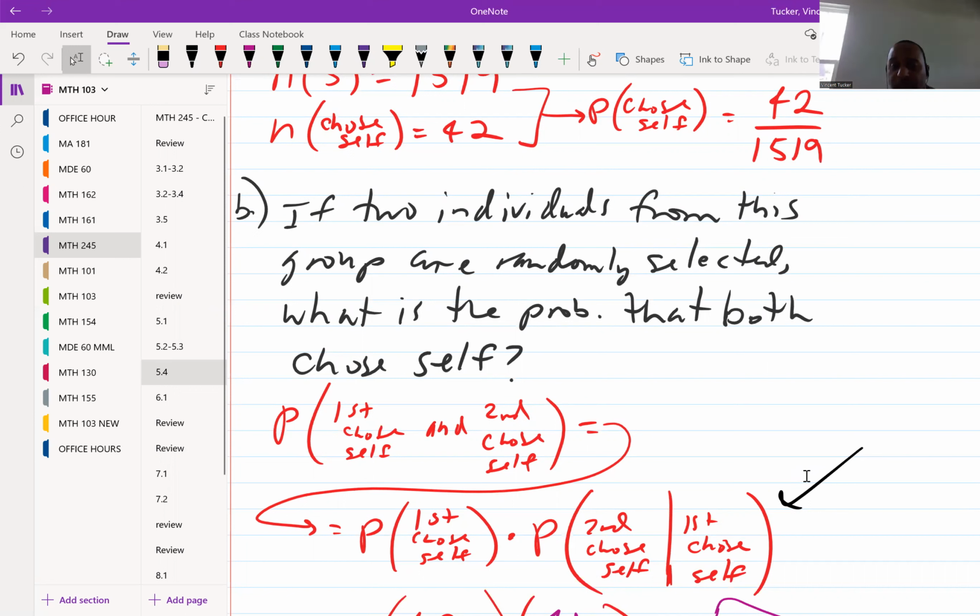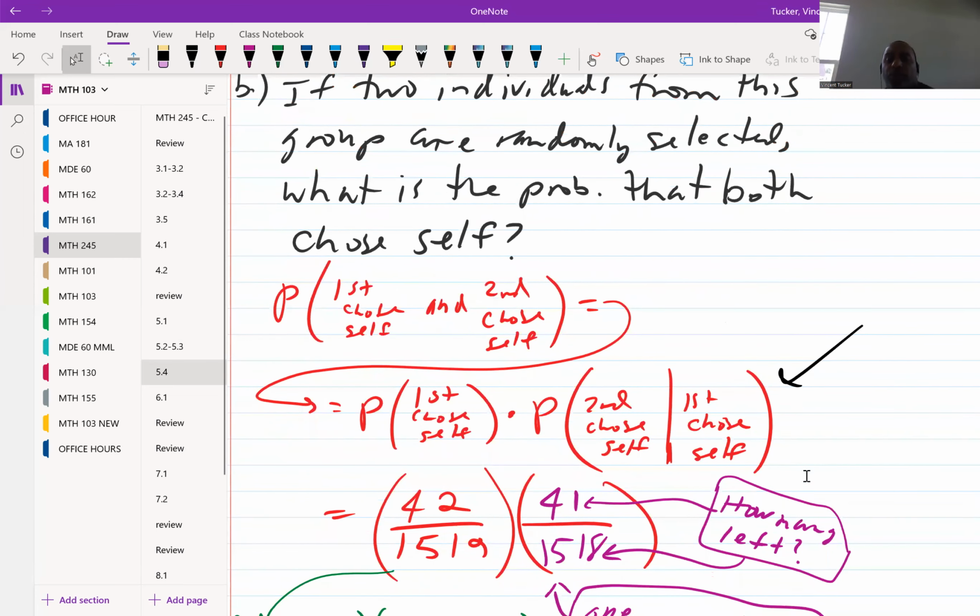So that means the probability of the first person choosing self times the probability that the second person chose self, given that the first person chose self. So you got to remember when you're picking this person out, it didn't say with replacement. It's not like you're putting the person back into the group that you chose from. So you have to consider the alterations that have occurred.